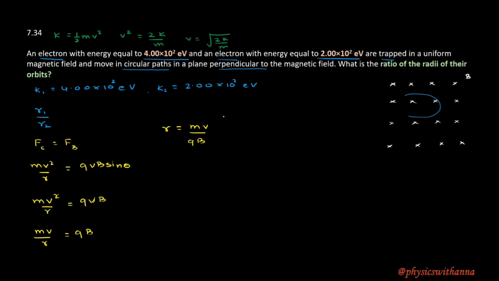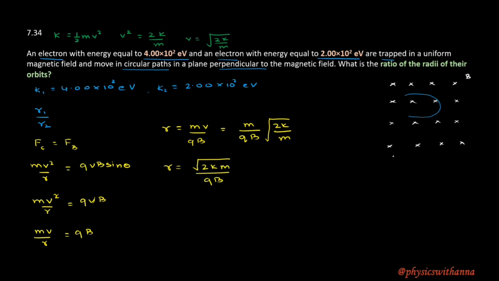So now let's substitute for velocity in this expression for r. We get r equals m over qB into the velocity, which is square root of 2K over m. I can cancel root m and root m from here and rewrite this as r equals square root of 2Km over qB.